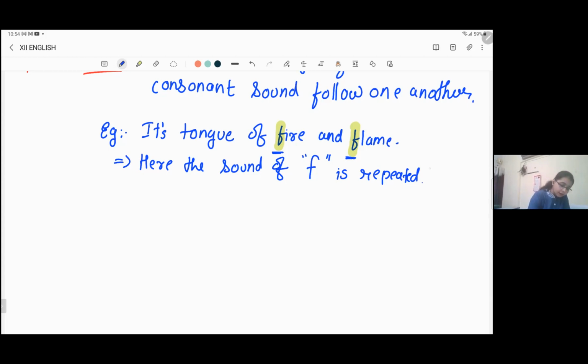You can write the word pleasingly also. This is optional. If you write it, then also it's okay. And if you do not write it, then also it is okay. Clear? Now, next sentence.